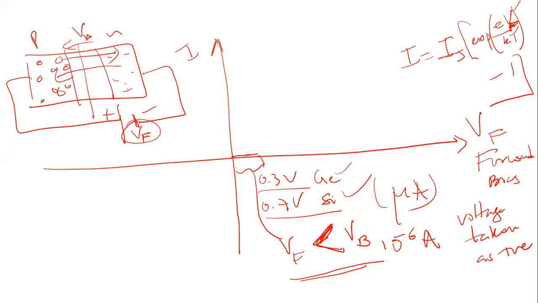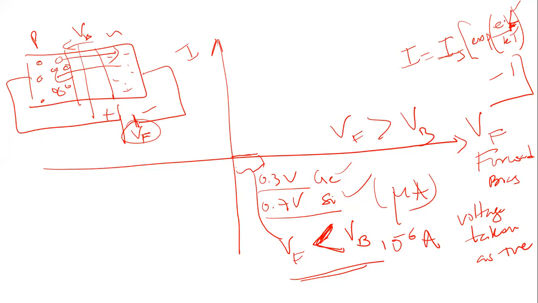Well, if your VF is greater than this, beyond this, your VF is greater than your barrier potential, then electrons will start to flow across the p-n junction from the n side to the p side, and similarly holes from the p side to the n side. And current will increase according to this exponential function.